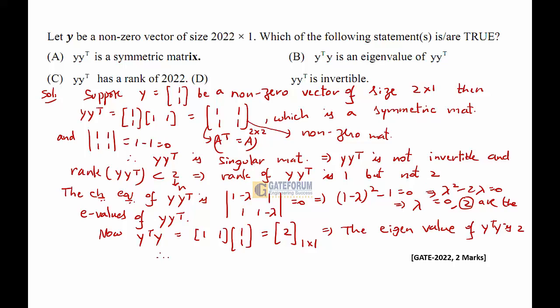Therefore, the Y transpose Y matrix has an eigenvalue that is an eigenvalue of Y into Y transpose, because for Y into Y transpose we have two eigenvalues.